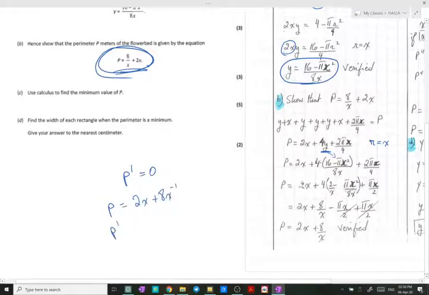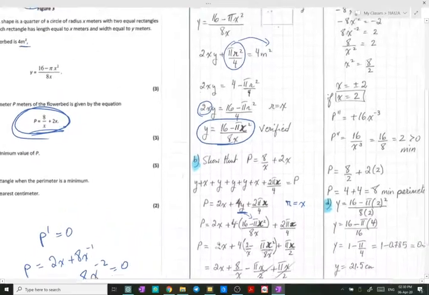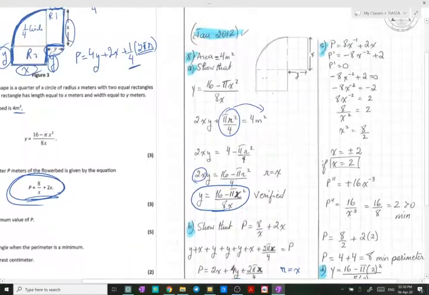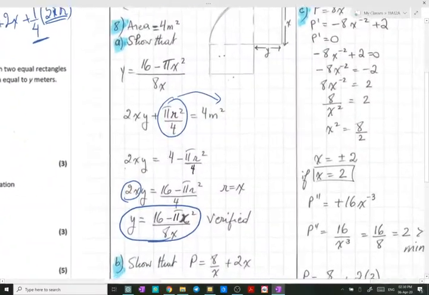Then to derive P is going to be 1 minus 8x to the minus 2. Then we put it equal to 0 and we continue our algebra. So in here we reached this equation, and then we start solving for x.